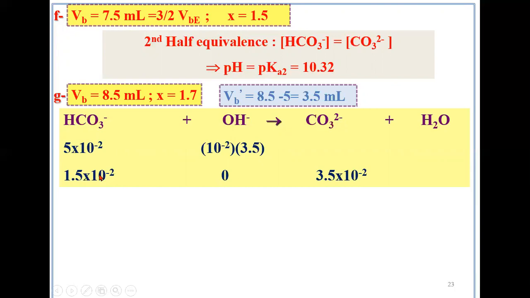There's going to be leftover HA minus, produced A2 minus, because the OH is again in limiting amount. And I just want to go through this OH value again. This is the concentration times VB prime, which is the total volume of the base minus the volume at equivalence, because those are the moles that will actually react with this second acidity.